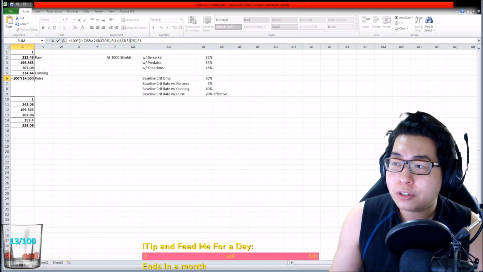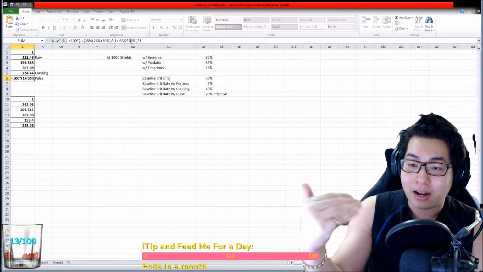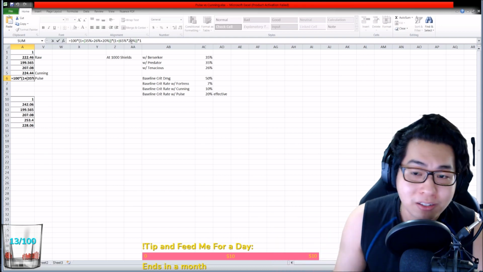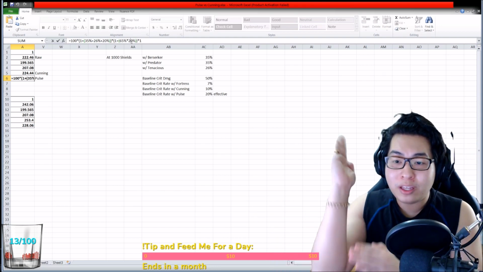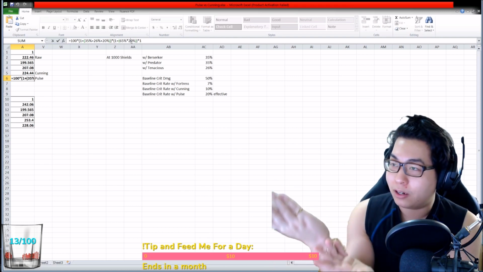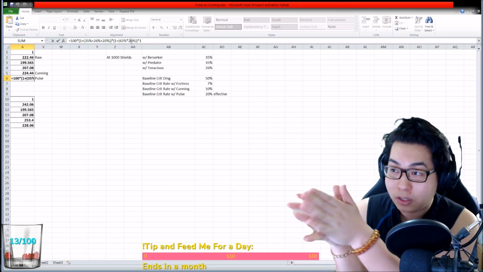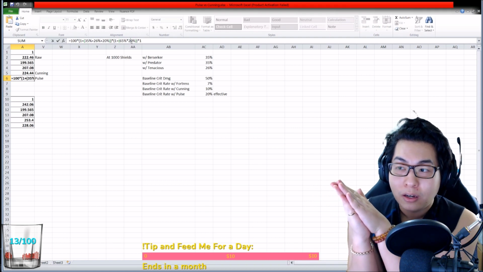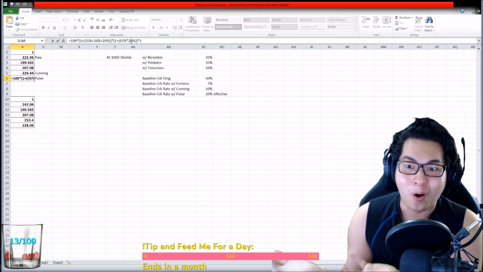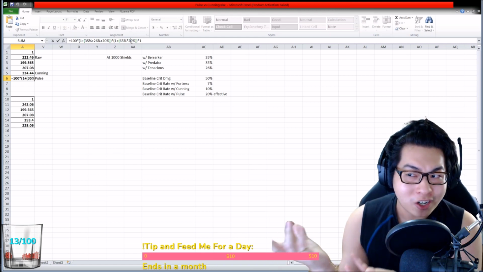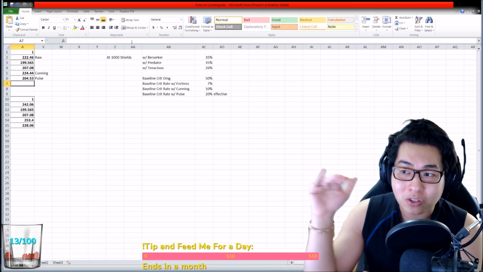Now, if you were to have a natural crit rate of 20%, this effective rate doesn't move. Why? Because every swing that you do, you have a 20% chance of getting a crit. All right, so this formula is correct, but it's just that every 5th swing is guaranteed. So, are you starting to see where the average DPS starts to meter out?